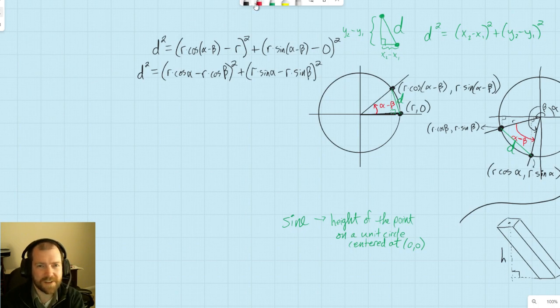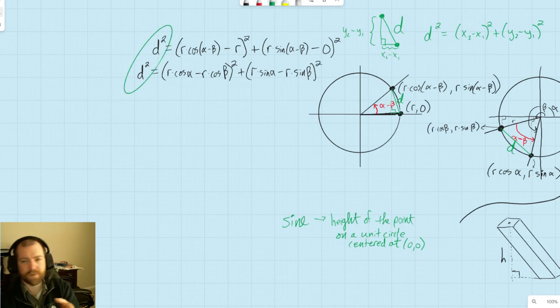Okay. So, one of the points that I brought up earlier was that these two distances are the same thing because we're creating two different triangles here, but really they're actually the same triangle. So we have this angle here, which is between our two sides, the initial and the terminal, which has a measure of alpha minus beta.